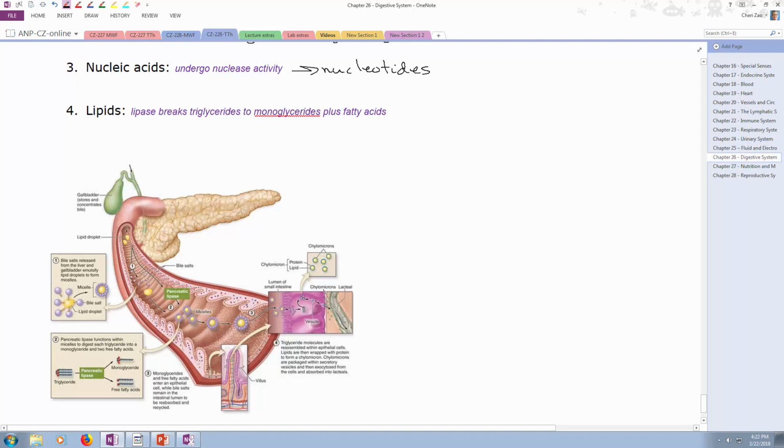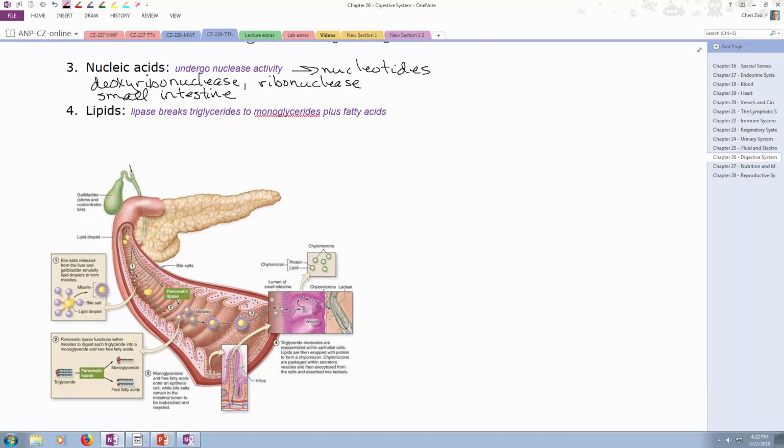Nucleotides are our monomers of nucleic acids, and so we actually have one called deoxyribonuclease, and we have another one called ribonuclease. So those are the ones that are actually easy to remember. These also are in the small intestine, where we're having this type of enzymatic activity.